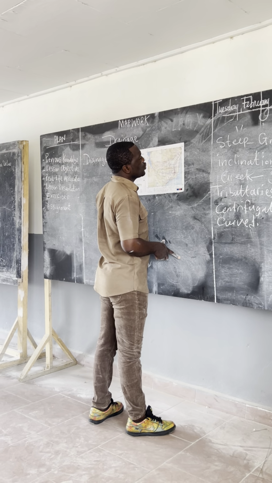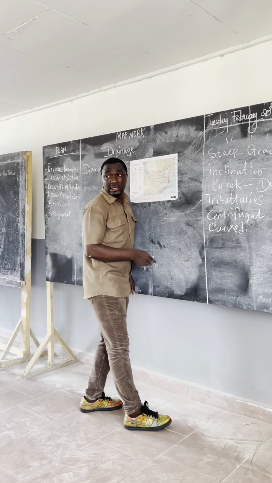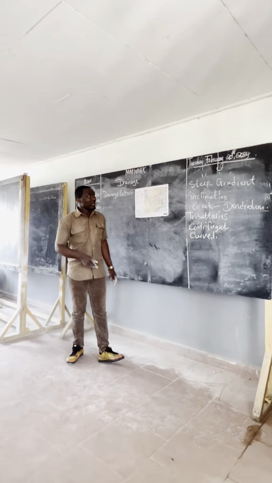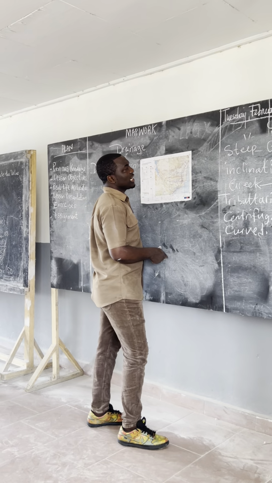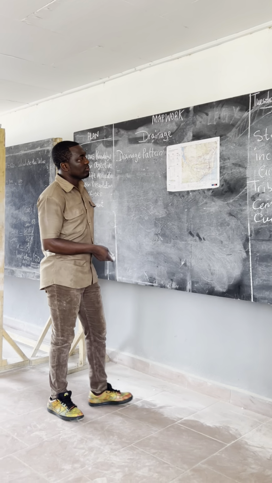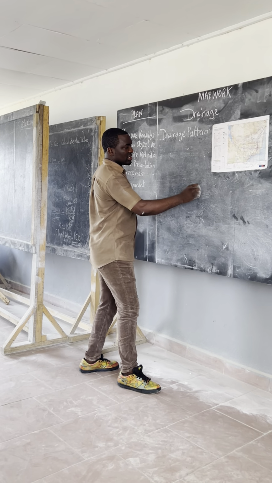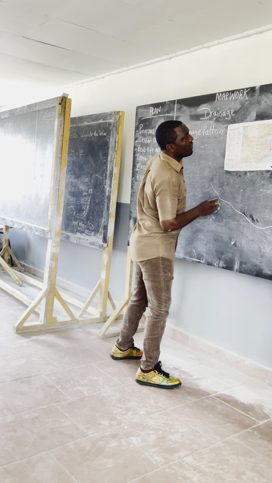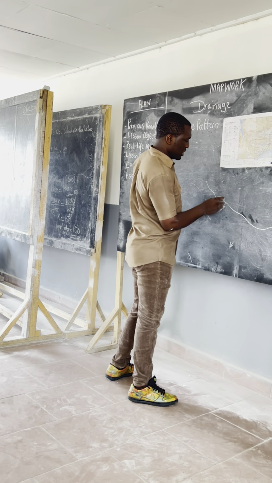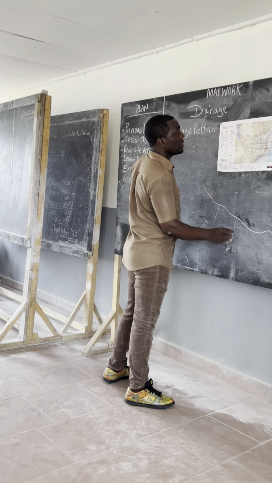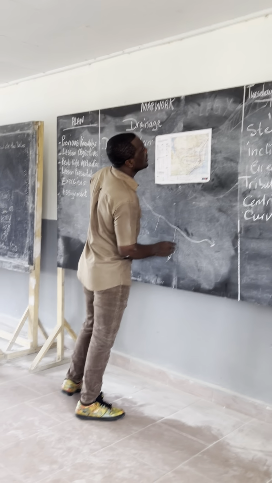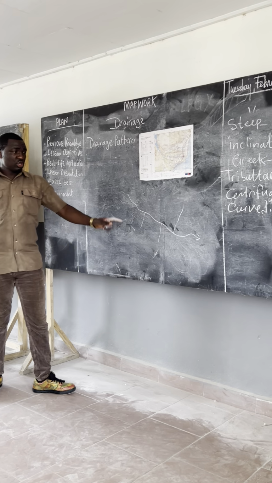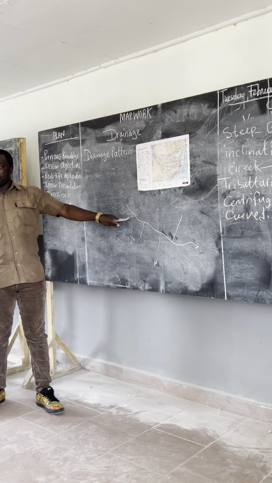The stream flows towards the lowland. What type of pattern is that? The stream has a course, tributaries are joining. It's flowing like this, and then on this, I have tributaries like this. This is how the stream is. What type of pattern is this?